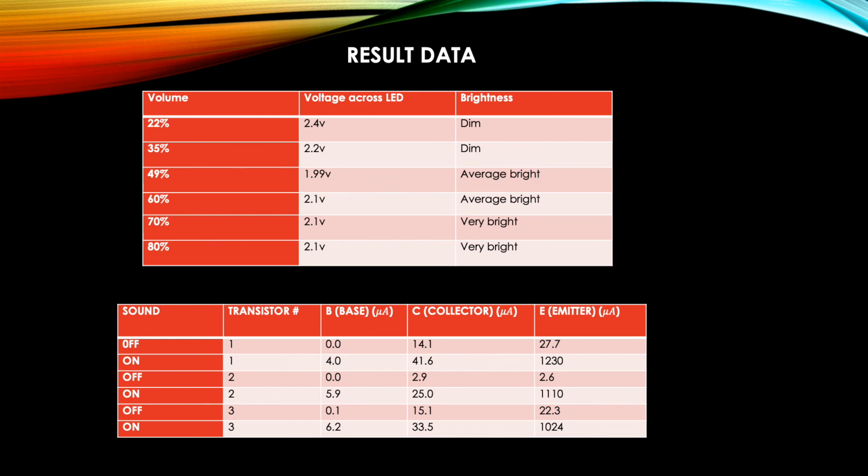When the sound is on, we usually have a current going through the base channel, and we can have more current in the collector and also the emitter.